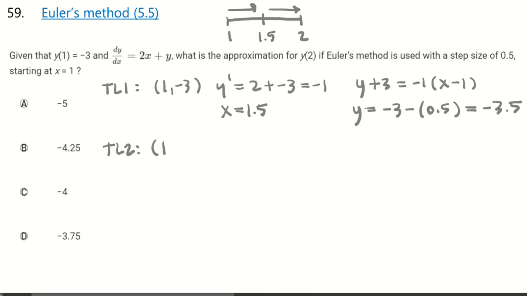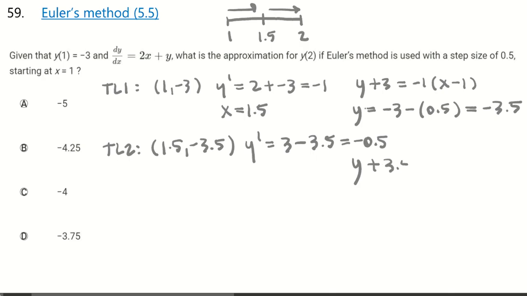Okay, so that's my new point that I can use to start my second tangent line, (1.5, -3.5). My slope is y prime equals 2x plus y. So my second equation would be y minus negative 3.5 equals the slope times x minus my x coordinate, which is now 1.5.